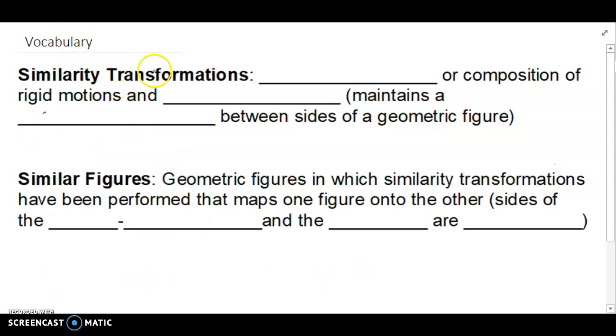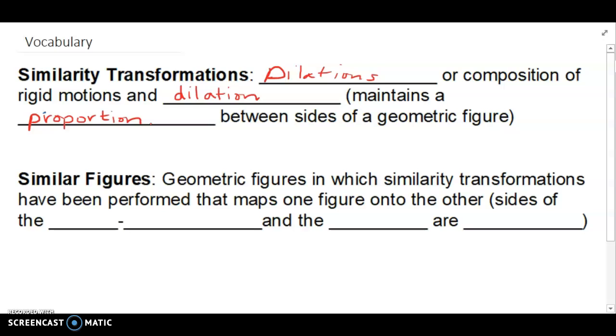All right, let's go over a couple vocab words. So similarity transformation would be dilations or a composition of rigid motion in a dilation. And this maintains a proportion between sides of a geometric figure.